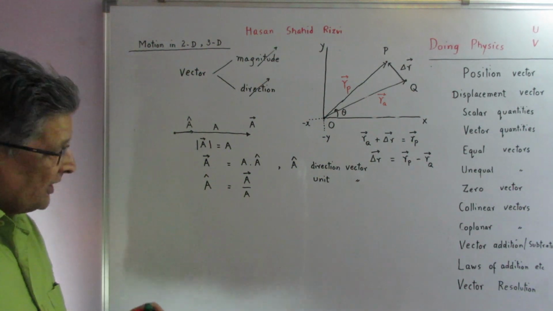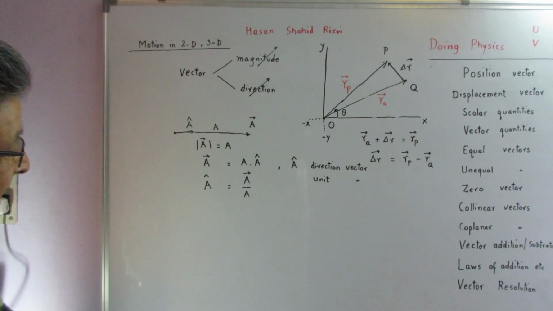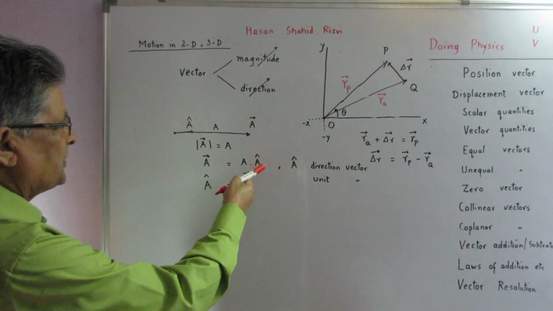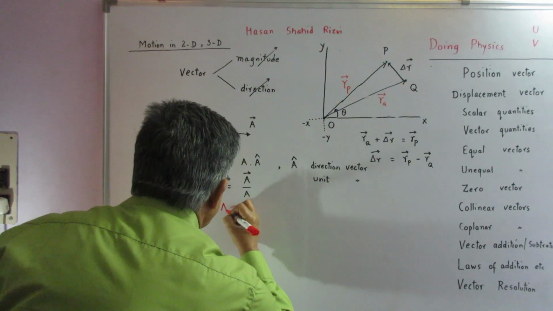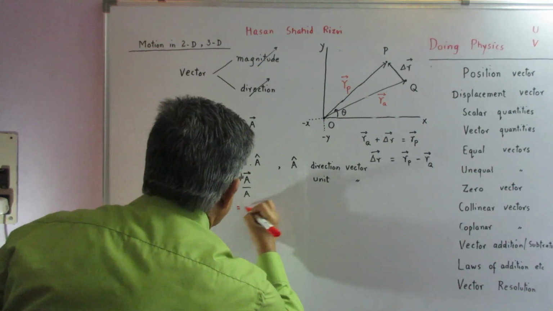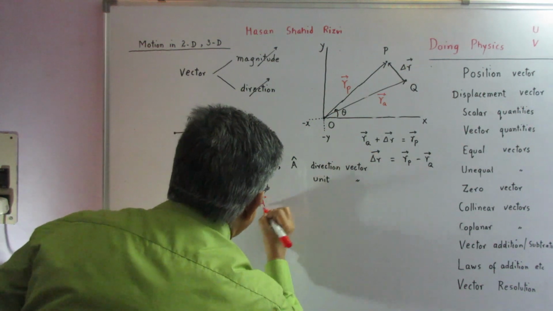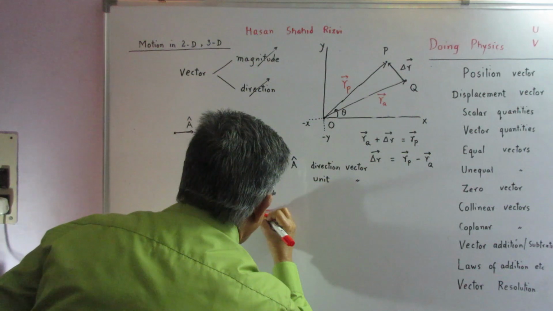that the unit vector, the direction vector, is equal to the vector divided by its magnitude. But some of you can say, as we have been trained, is it possible to write from this set of equations that the magnitude A is equal to vector A divided by vector A cap?